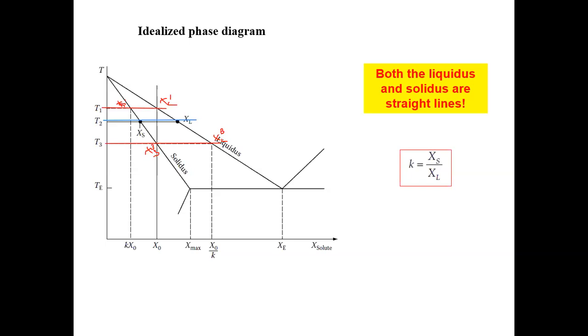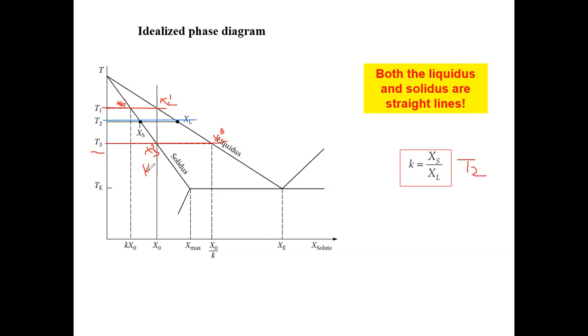Now my question for you: this is the ratio that I computed by looking at XS and XL for the T2 temperature. If I do the same calculation for the liquid and solid composition, taking XS3 over XL3 associated with T3, I get a ratio, which I call K3.